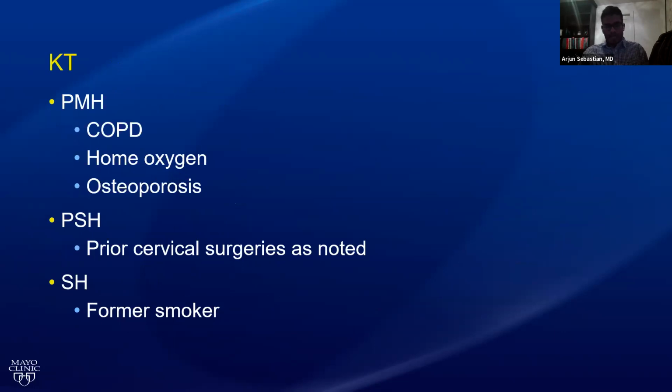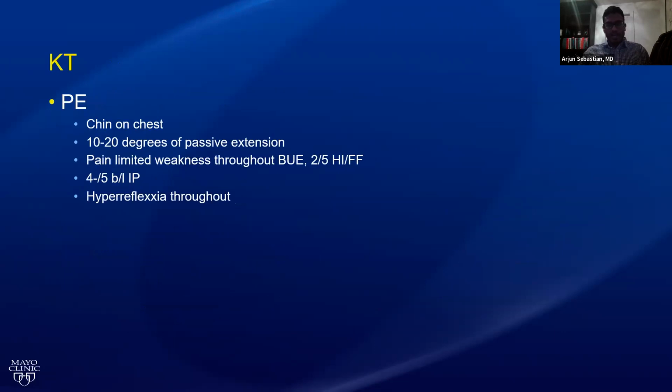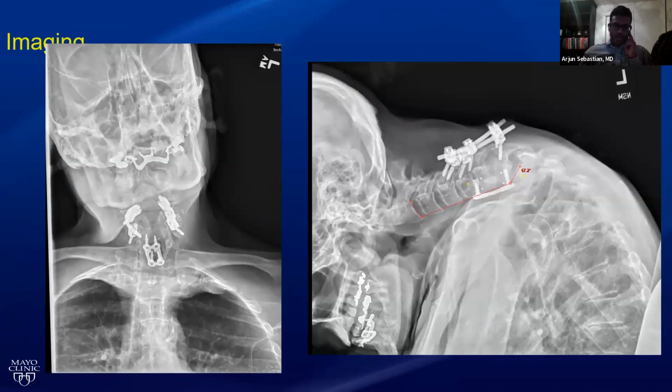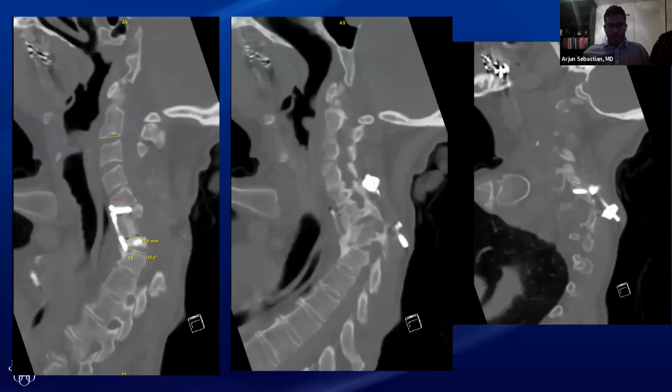She does have a significant past history of COPD and osteoporosis, and the prior surgeries as noted. On examination, she presents with a fairly severe chin on chest deformity, really minimal, even passive, extension, fairly significant weakness in her hands, and findings of myelopathy. And these are her presenting radiographs showing a 60+ degree cervical kyphosis with evidence of instrumentation failure distally at the posterior construct, and kyphosis centered at the C7-T1 disc space.